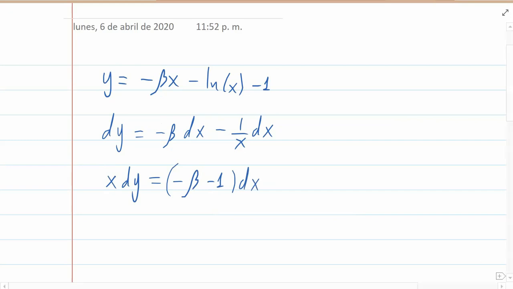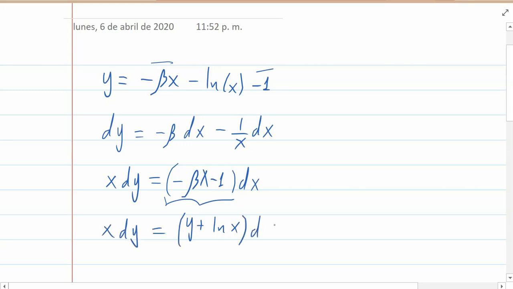And now let's take a look at this. That is not true. Beta x minus 1 dx. I have the negative beta x, I have negative 1. I'm missing the natural log. So really this term here is equal to y plus natural log of x. So I have that x dy is equal to y plus natural log of x dx.